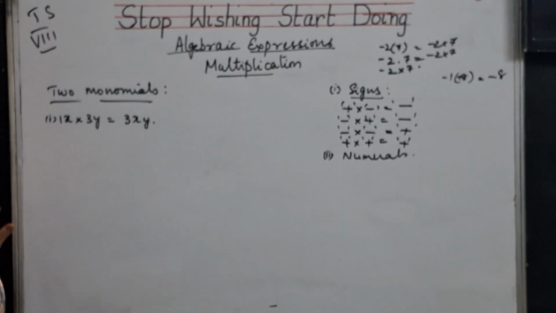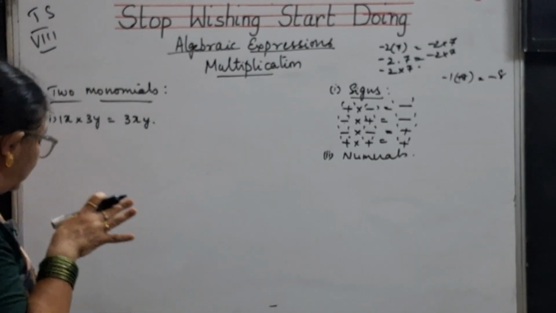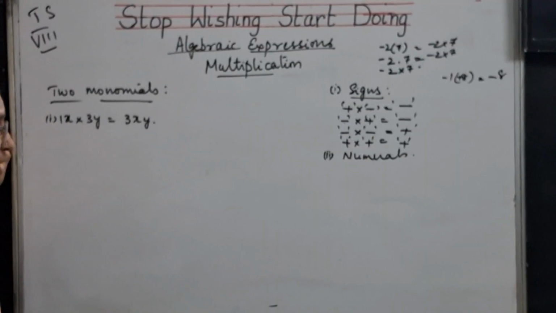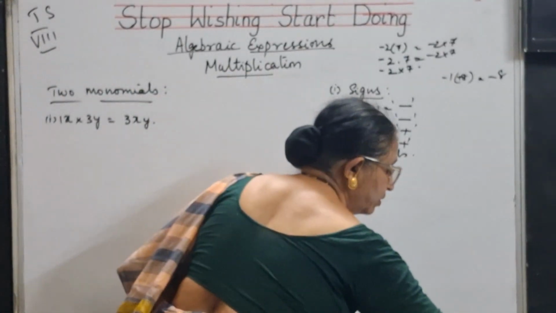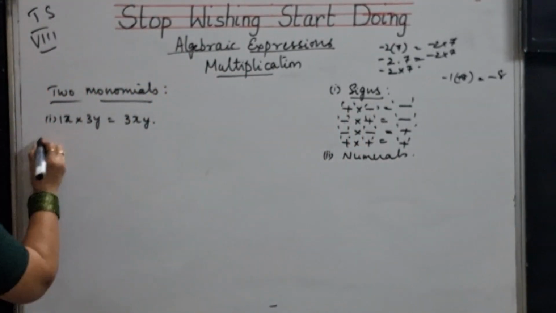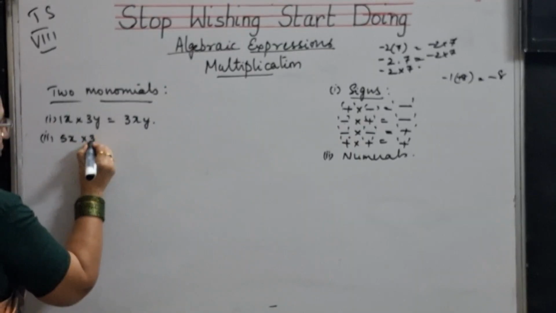They have elaborated in your textbook and then they have given children, I just wanted what is very, very necessary for you to understand in the multiplications I am teaching. And the next value that is given to you is 5x into 3y.